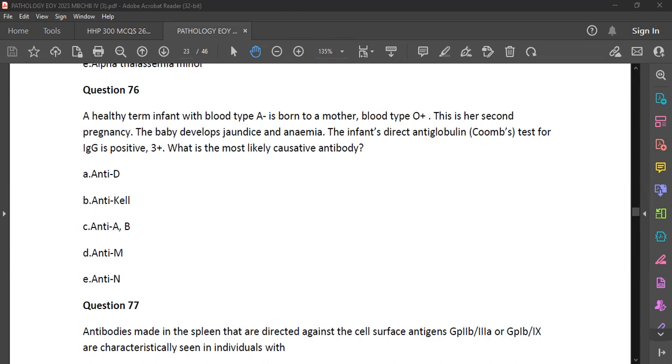But since she's also positive, the positive means she has the rhesus, and hence if you have the antigen D, she'll not be having an antibody D. So anti-D is not going to be an answer. The correct answer is going to be anti-A and anti-B, causing the problem in the child.